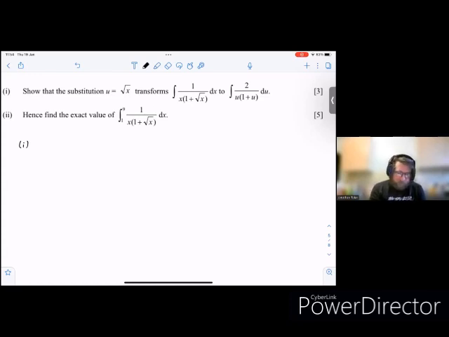So we've got u equals x to the half. We're going to need to substitute dx. So du by dx is a half x to the minus a half.